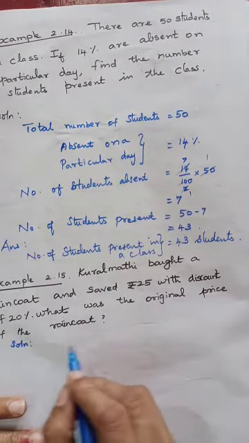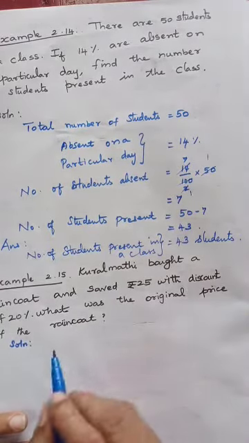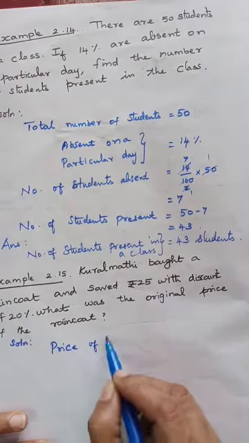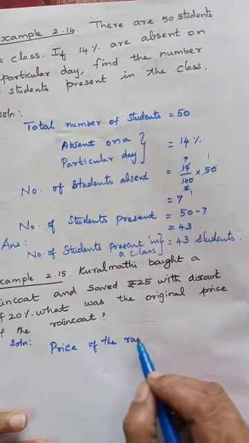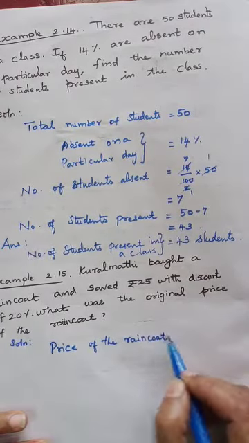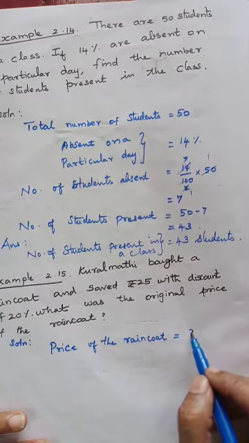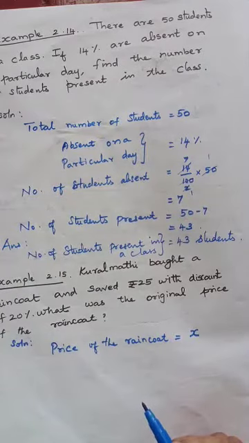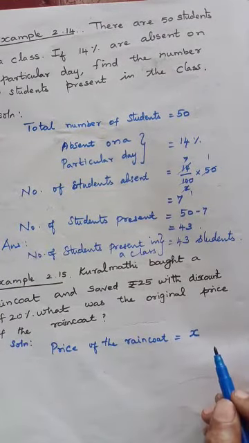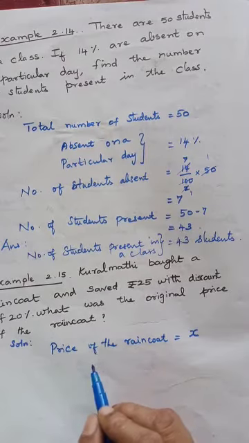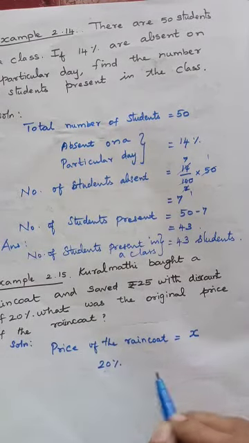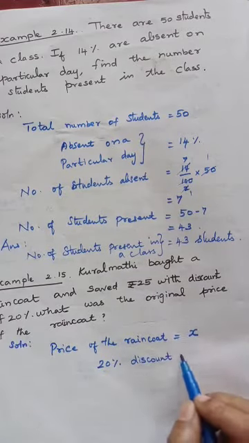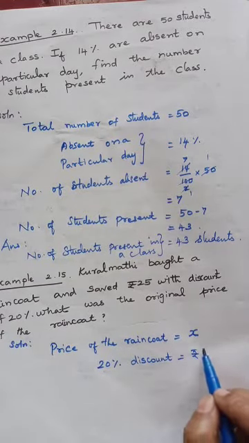Solution: we don't know the price of the raincoat. So we shall take the price of the raincoat is equal to x, or we can take any alphabet. Okay, we shall take here as x. So 20% discount means rupees 25.